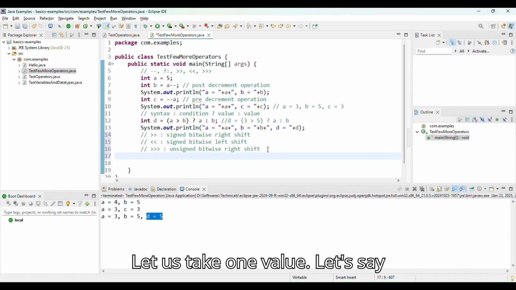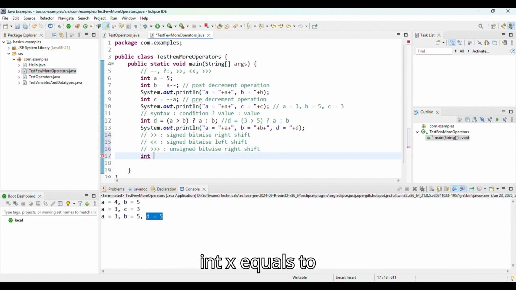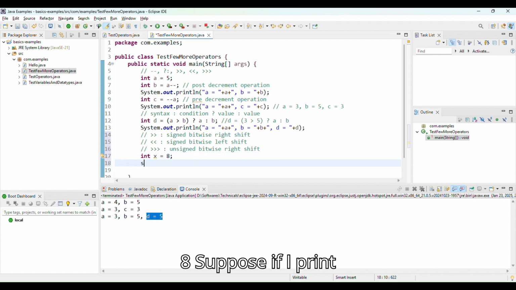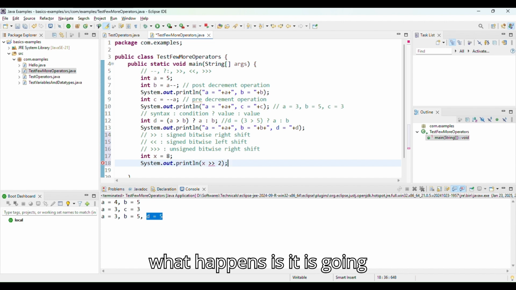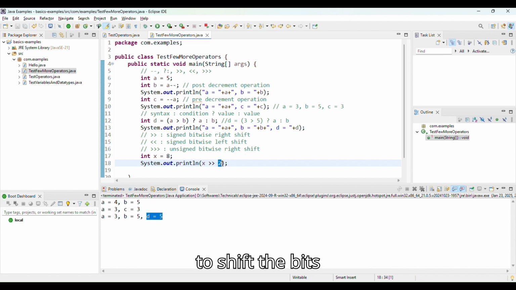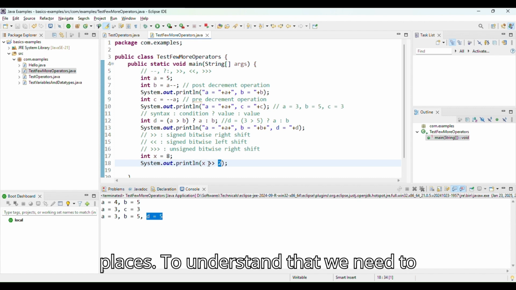Let us take one value, let's say int x equals 8. Suppose I print the value of x right shift 2, using two greater than symbols. What happens is it is going to shift the bits towards the right side by two places.